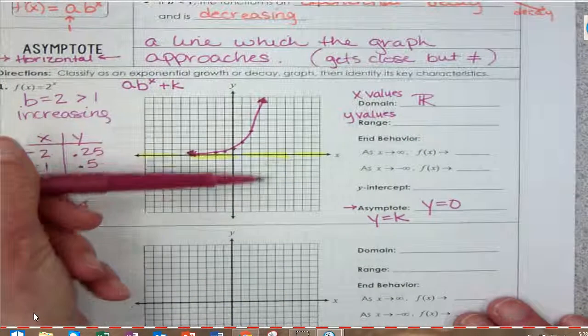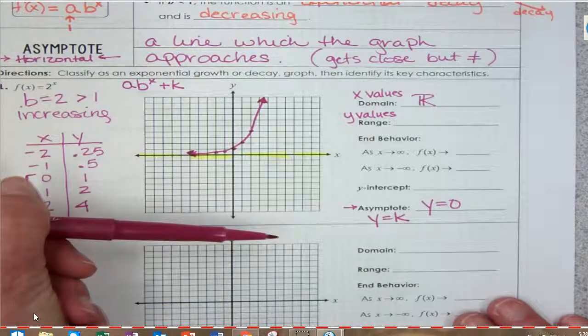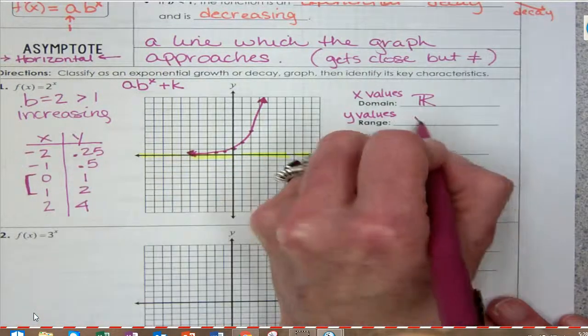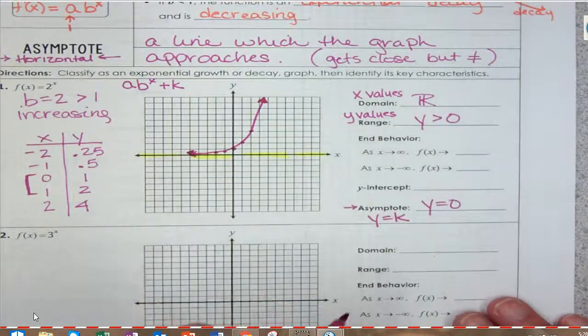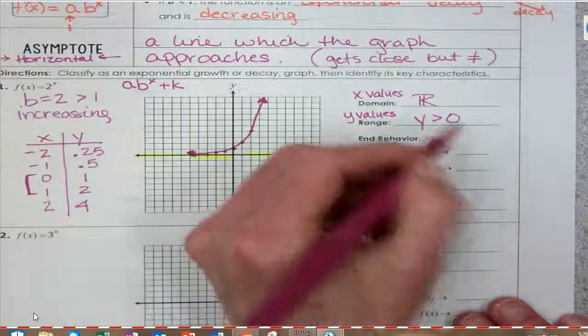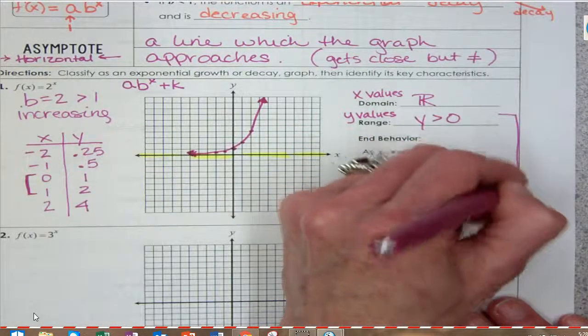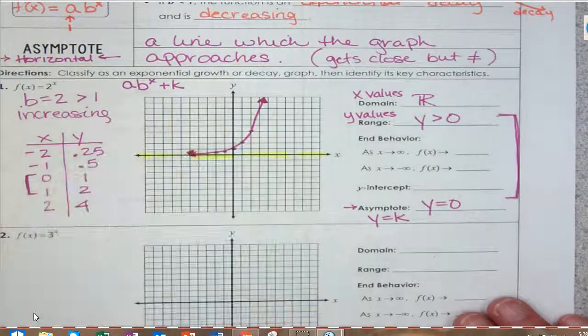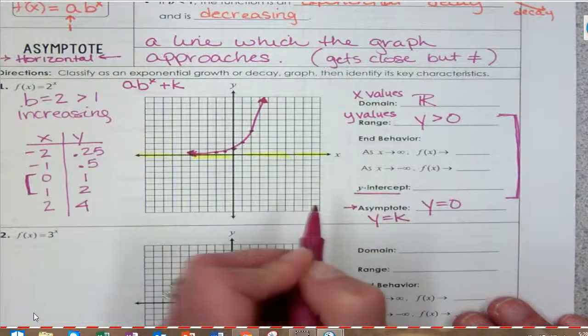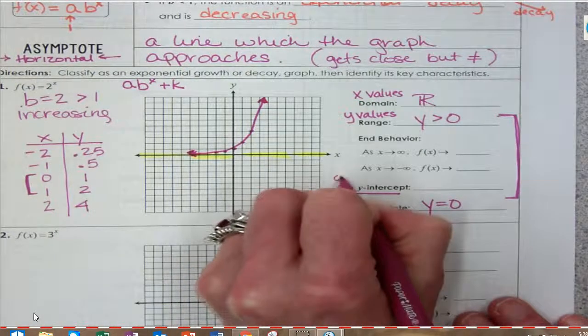It's never going to touch 0 or go below 0. So y is going to be greater than 0. And it's not greater than or equal to, it's only greater than. Notice, your asymptote is your boundary for your range. Yes, always.